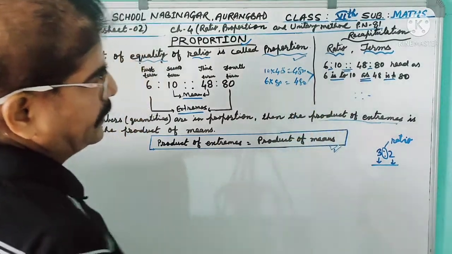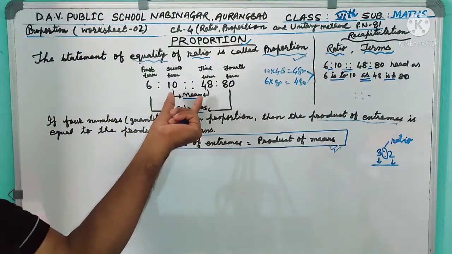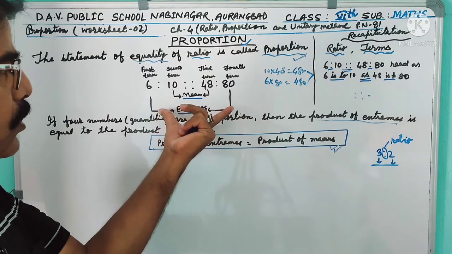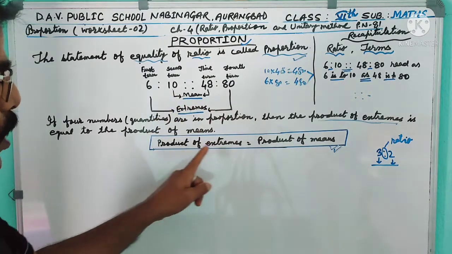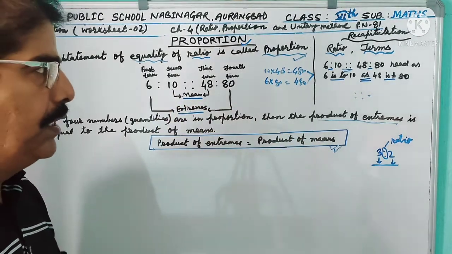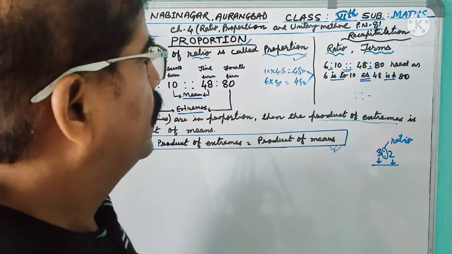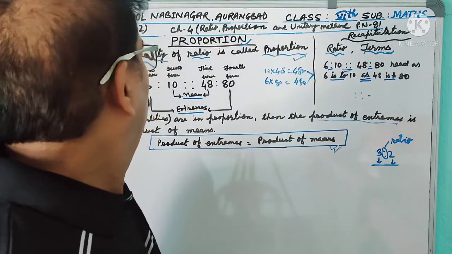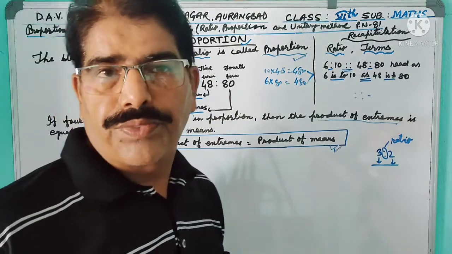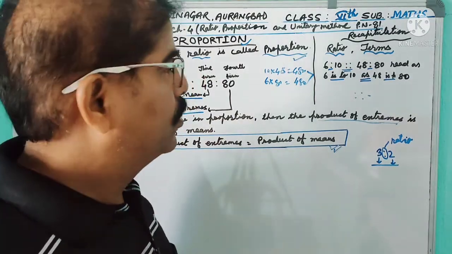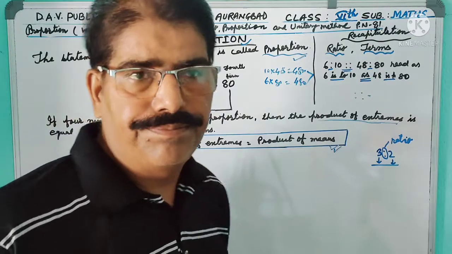Both are the same. So the product of means equals the product of extremes. Now I am going to start worksheet 2. So let us move towards the topic.